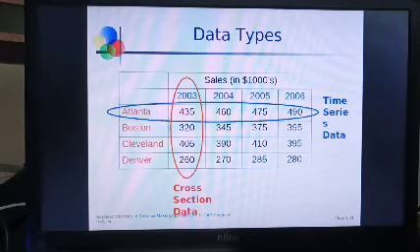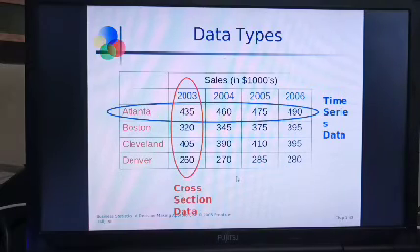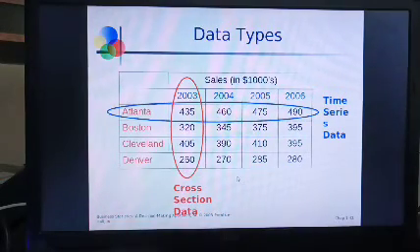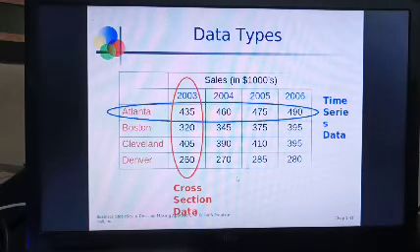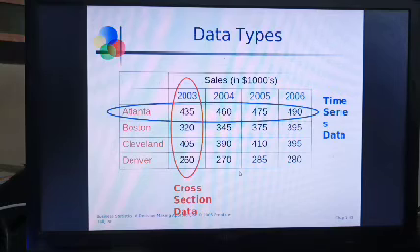In this example, the time is year, a series from 2003 to 2006. So I hope it is clear, class, what is a time series data and a cross-section data from this illustration.